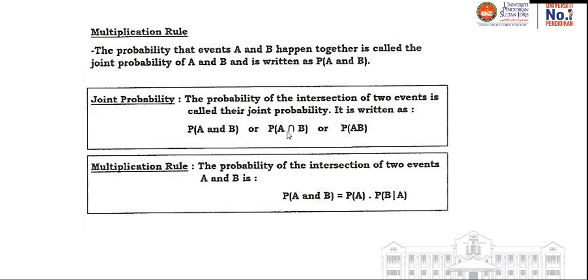So the joint probability will be P(A and B), P(A intersect B), or P(AB). And for the multiplication rule, you need to memorize this: P(A and B) is equal to P(A) times P(B given A). Okay, P(A and B) is equal to P(A) times P(B given A).